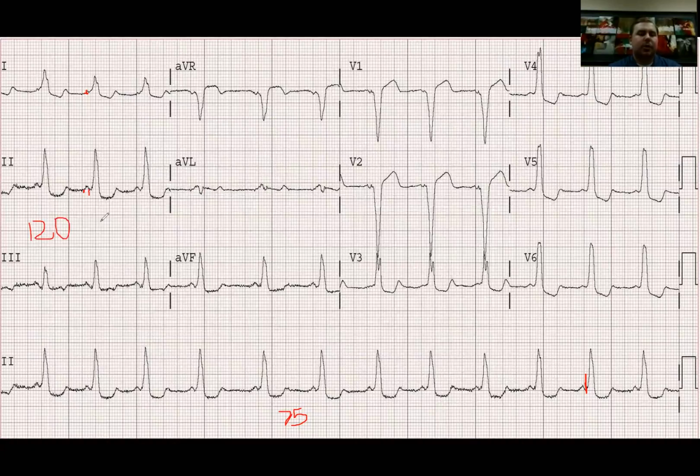So this is short PR. So now I need to reassess and determine if my diagnosis of normal sinus rhythm was correct. Normal sinus rhythm doesn't cause short PRs. So there's pretty much only one thing that causes that that we really care about, and that's going to be Wolff Parkinson White.